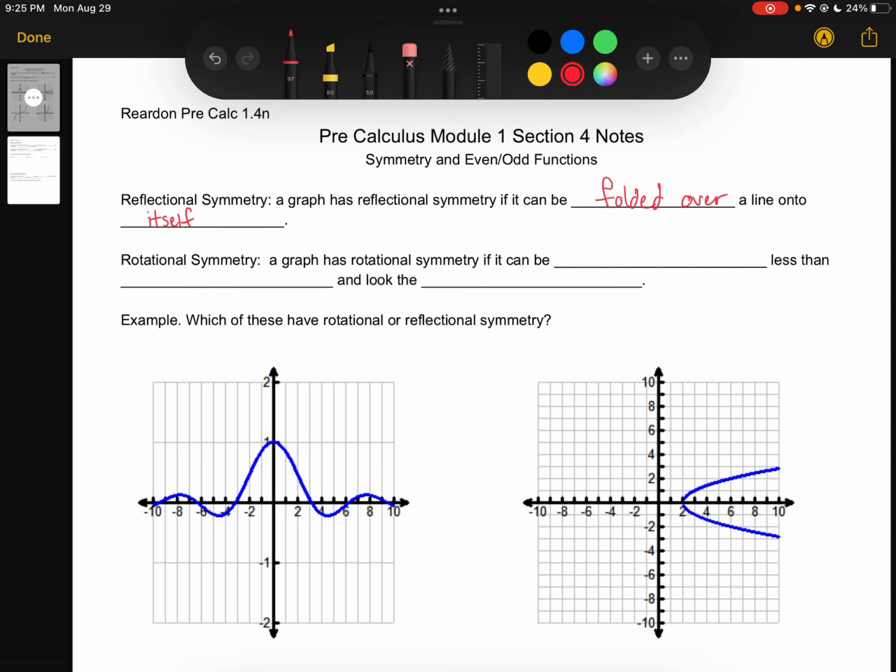And this is a graph has rotational symmetry if it can be rotated less than 360 degrees and look the exact same. The reason why we specify 360 degrees is if you completely turn a paper all the way around, you're just back where you started.